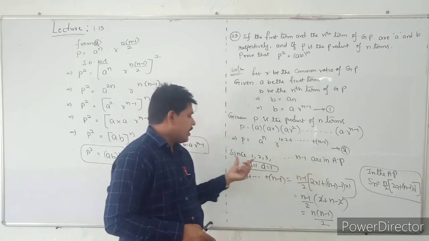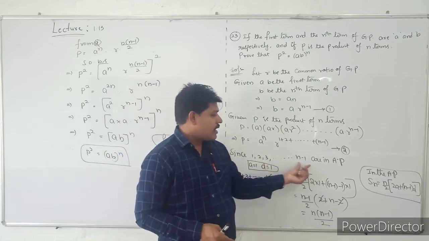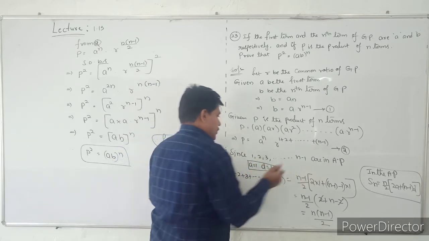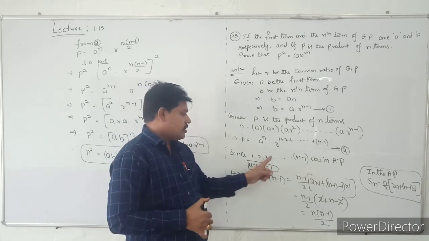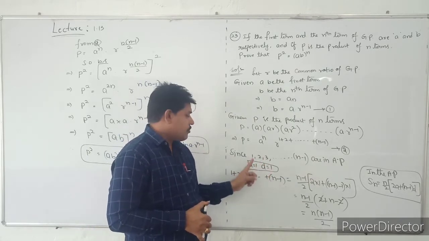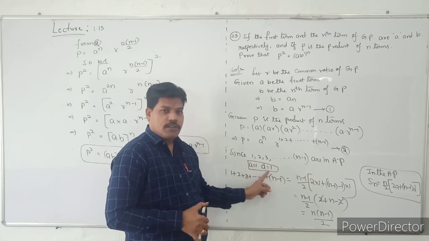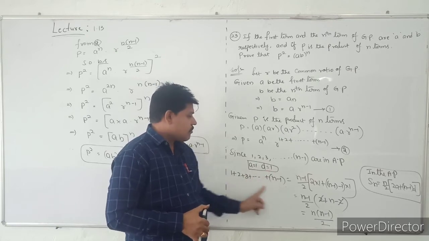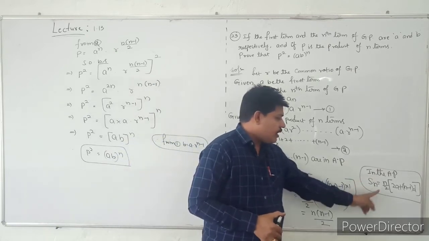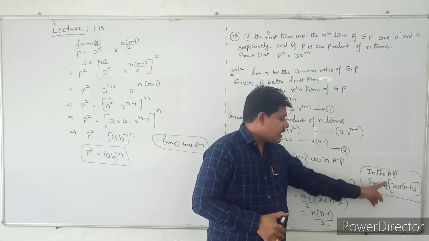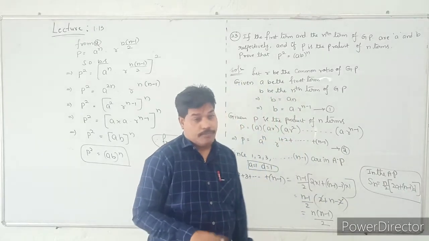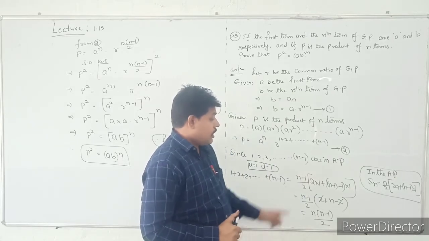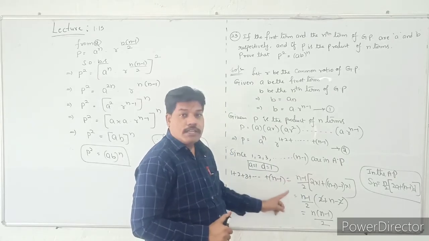So for that one I am taking 1, 2, 3 and so on up to n minus 1 in AP. For this question, the first term is 1, common difference is 1. What is the sum of n terms formula in the AP? Sum of n terms formula is Sn is equal to n by 2 into (2a plus (n minus 1) into d). Here we are adding n minus 1 terms.